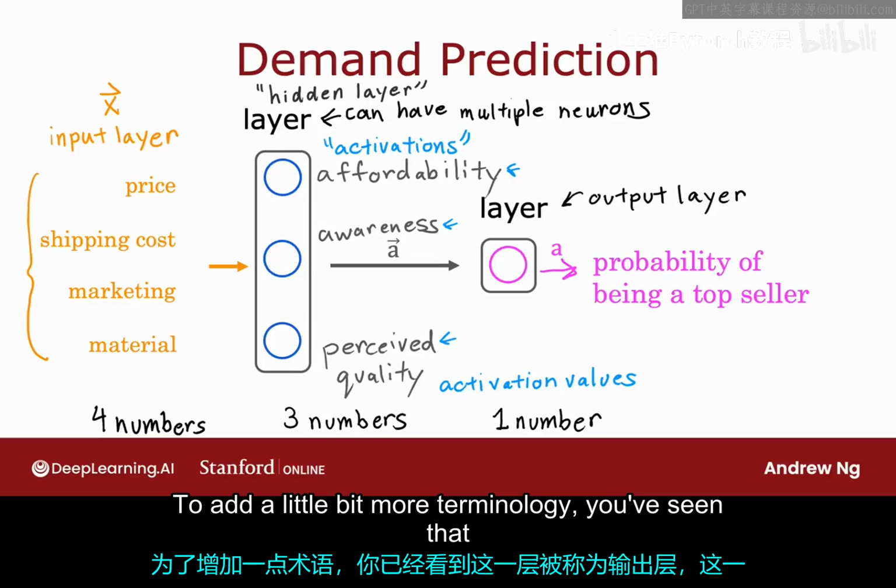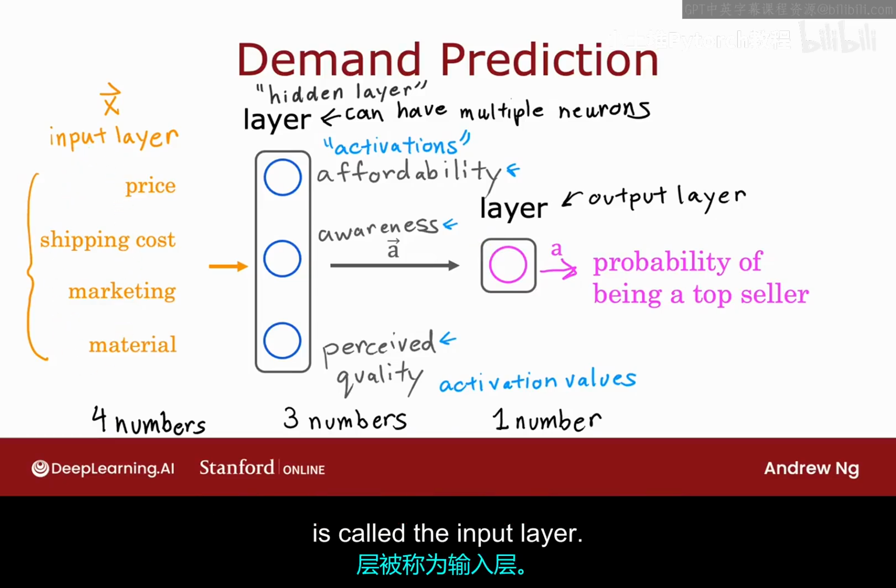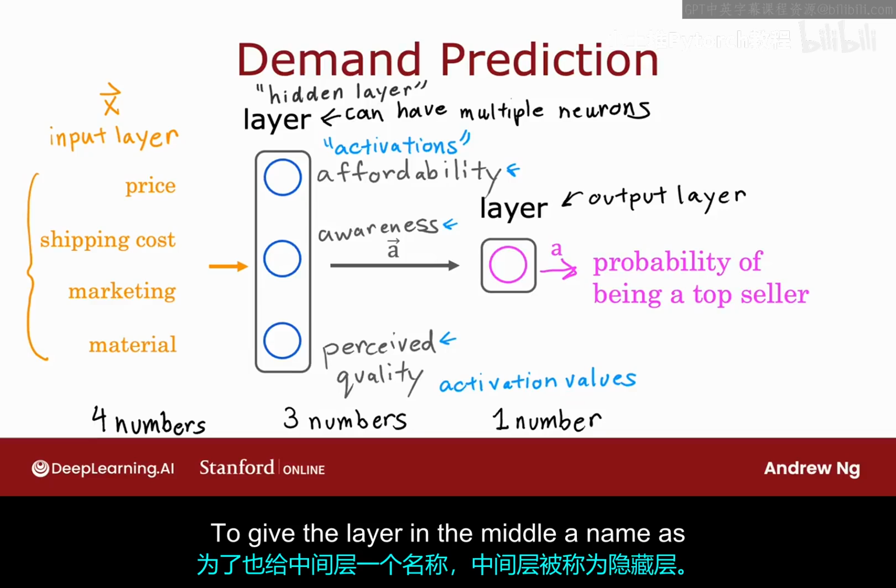To add a little bit more terminology, you've seen that this layer is called the output layer, and this layer is called the input layer. To give the layer in the middle a name as well, this layer in the middle is called a hidden layer.